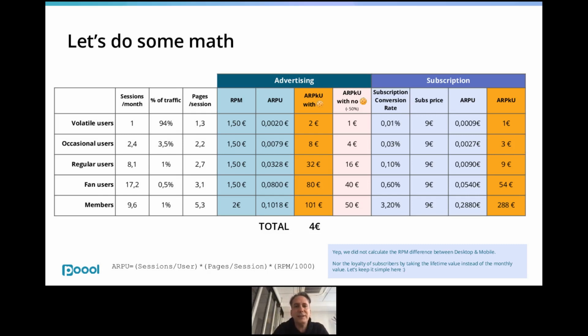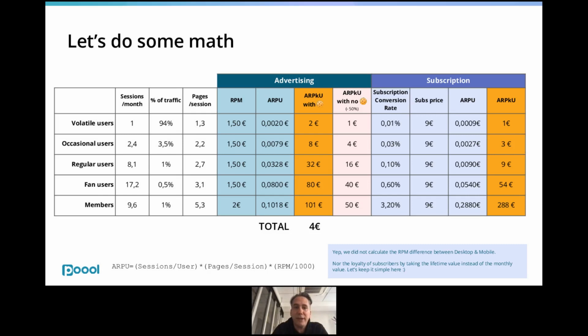That's one part of the equation. What's interesting to see is how subscription is additive to the advertising strategy. If you look at subscription, the conversion rate might be really low, but with a €9 monthly offer, even with a very low conversion rate, you can start to find some decent average revenue per 1,000 users, and you can see the comparison. For volatile, you get half more revenue per 1,000 users.